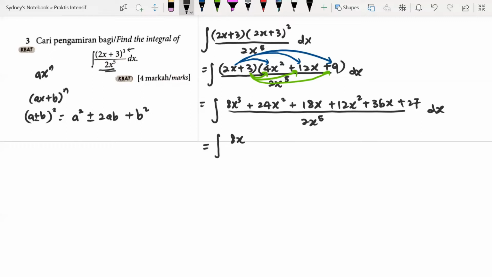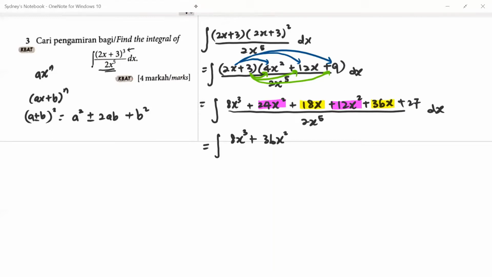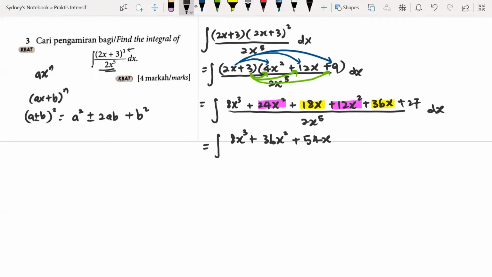So we have 8x cubed plus, for the x squared part, we have 24x squared and 12x squared, so we have 36x squared, and then followed by the x, we have 18x and 36x, so all in all we have 54x, and finally the constant 27, over 2x to the power of 5.